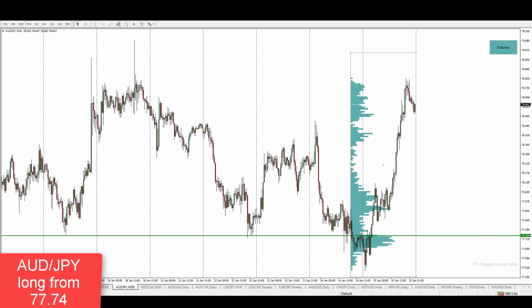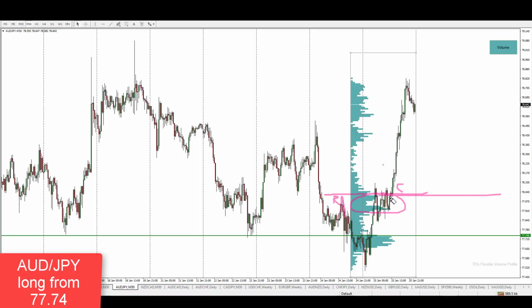There's also one more volume cluster you may have noticed. It's this one. The reason I don't have a level there is that I would prefer to have the level right there, where there was this sort of rejection of higher prices, so it would be a resistance becoming support level.